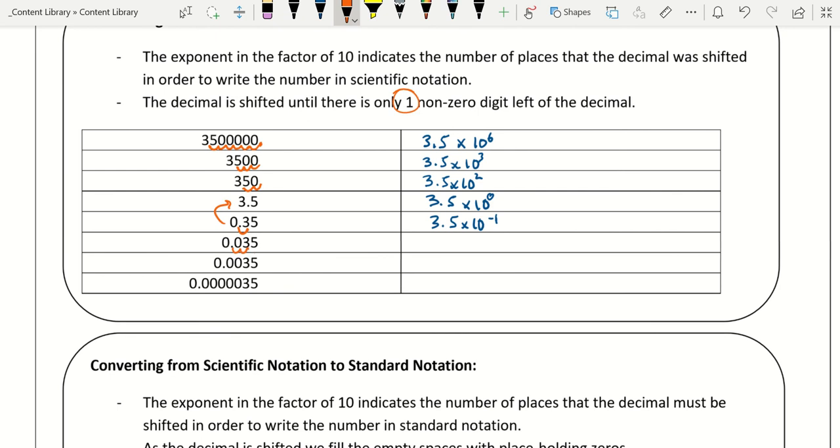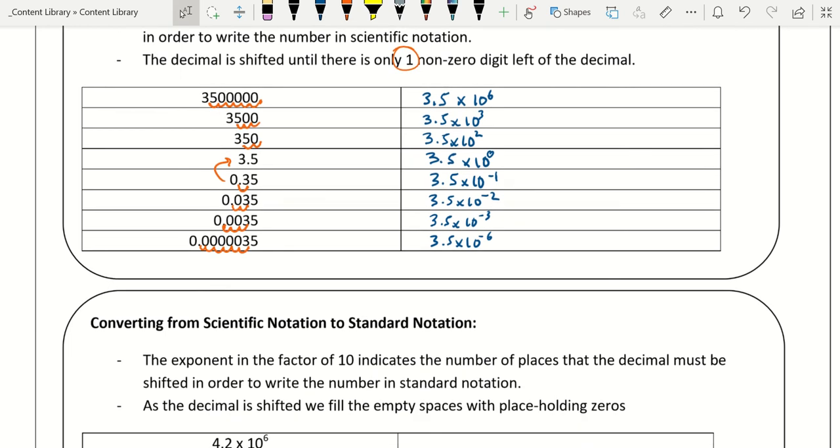We want the 3 to be in the 1 spot. Sorry about that. So we go 3.5 times 10 to the negative 2. And so on. Here we count 1, 2, 3, which gives us 3.5 times 10 to the negative 3. And finally, we look at this last one, 1, 2, 3, 4, 5, 6. 3.5 times 10 to the negative 6.